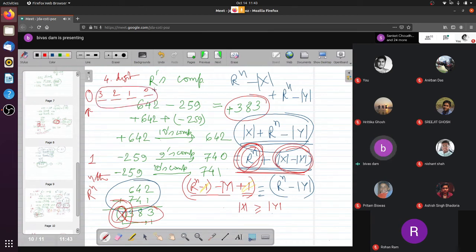So that should be your carry out or the end around carry. In case you get a final carry out, it ensures that the result is positive. You have to simply ignore this nth position result, because this is already a positive value. After ignoring this one, whatever value I get will be your final result in 383 plus 283.